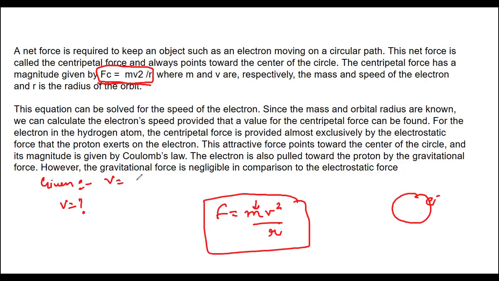What is given to me is m, and R is given to me as well. We will plug in the values in these blanks later on. Force is not given to me. If force is there, then I can go ahead and find V, which is the question.